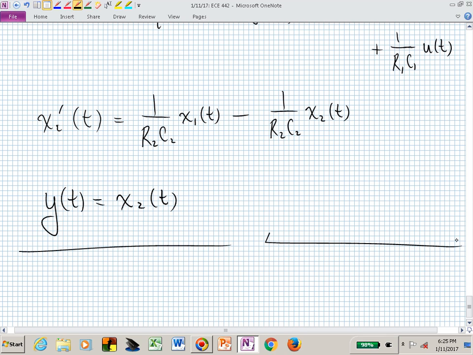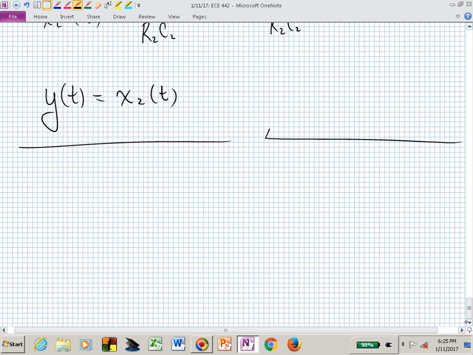Well, that was fun. So let's go a little more fun. Let's do a block diagram. So let's do a block diagram.